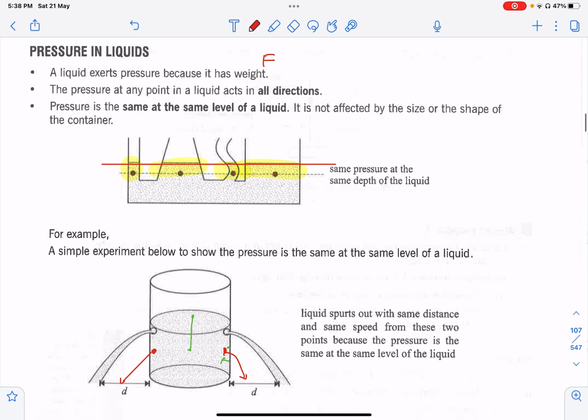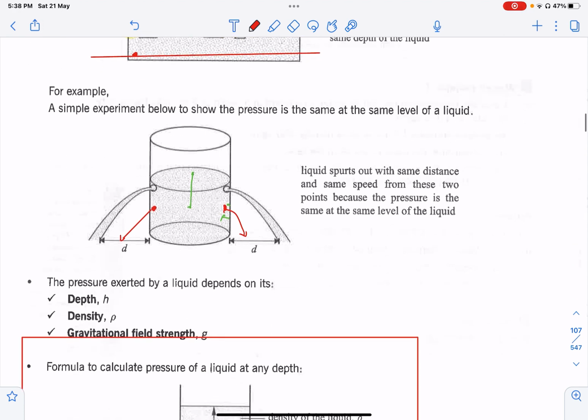If I'm scuba diving, the pressure at the same level of the ocean would be the same. We will experience the same form of pressure in the water. This experiment shows the pressure is the same at the same level of a liquid.